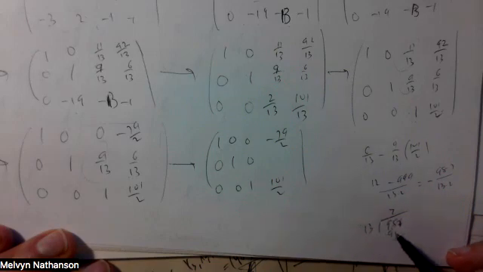Seven threes are 21. Nine threes are 27.